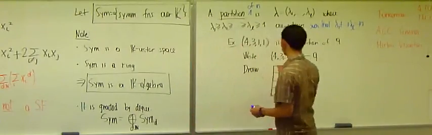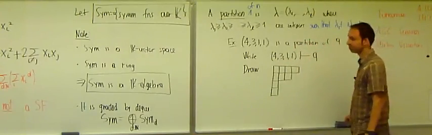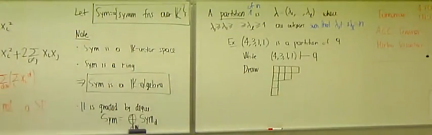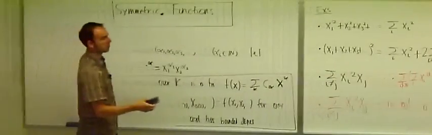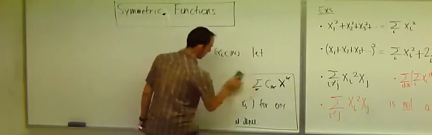Now, the point is that for each one of these things, I can define a monomial. Okay? So let's do that. For example, what would be the monomial corresponding to 4, 3, 1, 1? We know what it is, right?